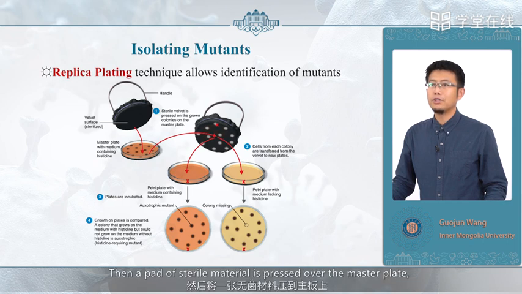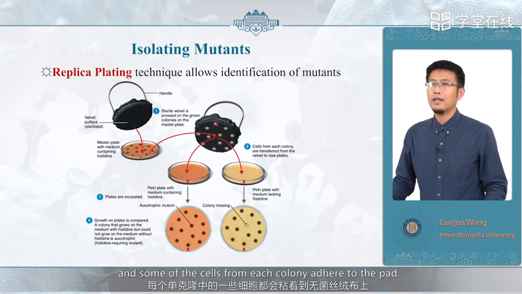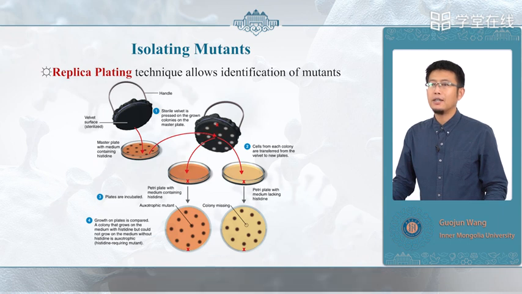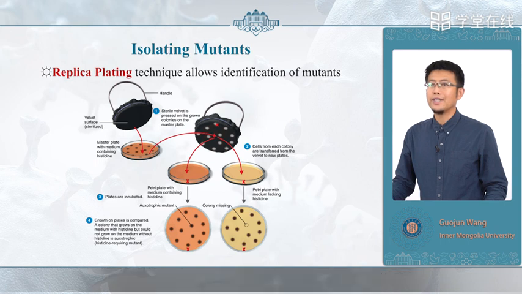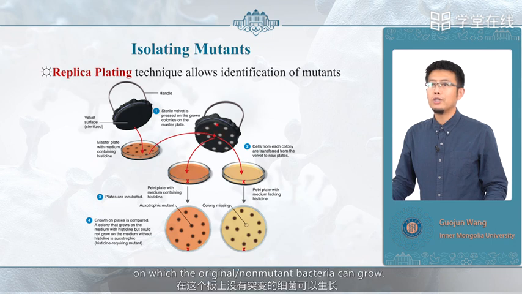Then a pad of sterile material is pressed over the master plate, and some of the cells from each colony adhere to the pad. Next, the velvet is pressed down on two or more sterile plates. One plate contains a medium without histidine, and one contains a medium with histidine on which the original or non-mutant bacteria can grow.